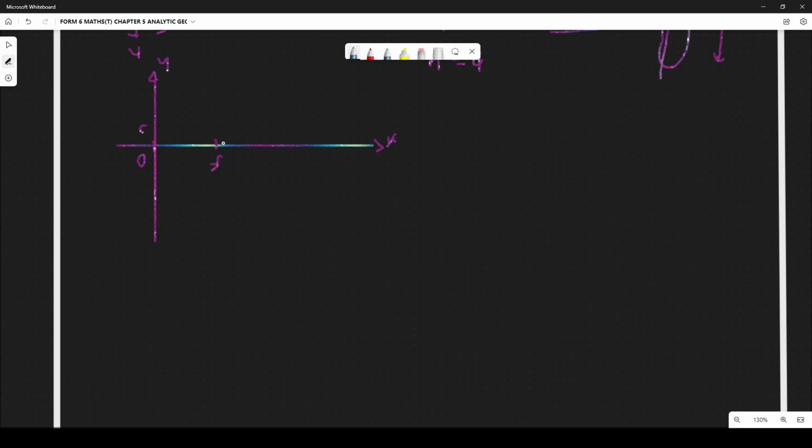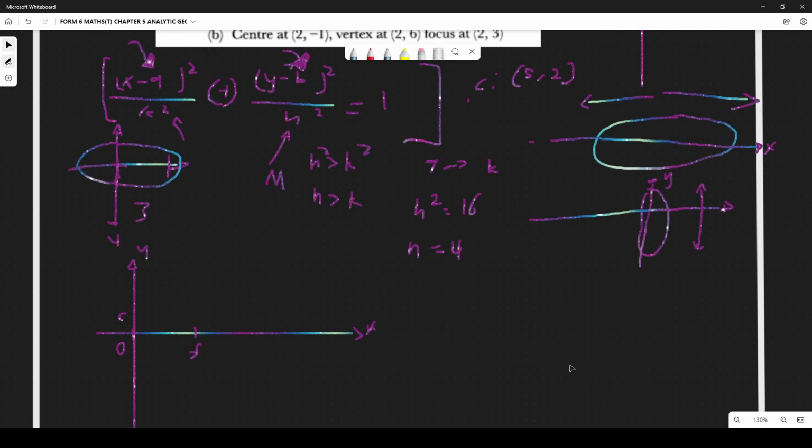So what is the focus? I'll tell you how to find a focus later on. Actually, it's in the notes. The focus is basically a squared minus b squared. My notes and what I wrote here might be different; in here I wrote k and h.